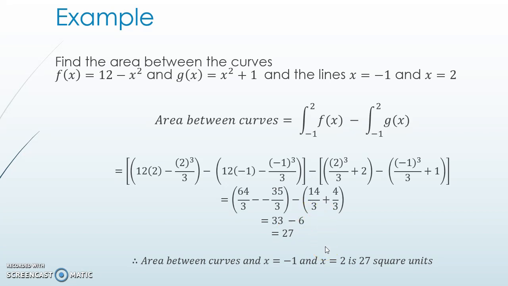So again, a little bit more of a complicated shape, but once you draw the graph, once you determine what that enclosed area looks like, it makes working out what areas to take away from each other that much easier.